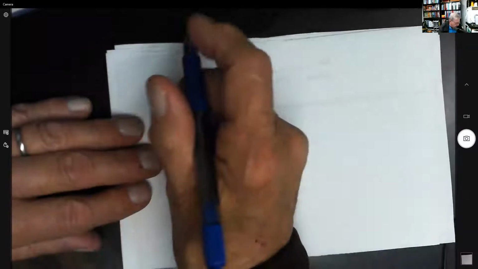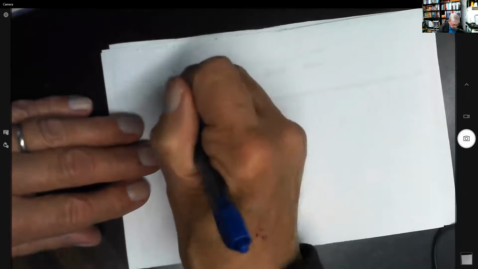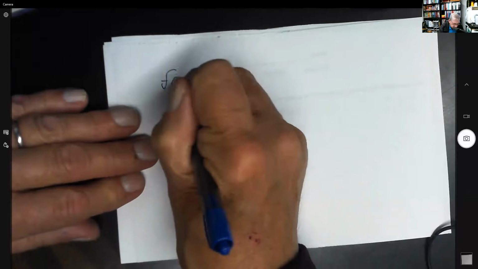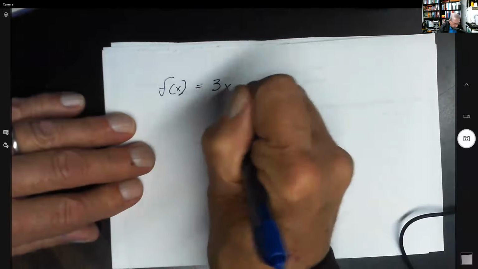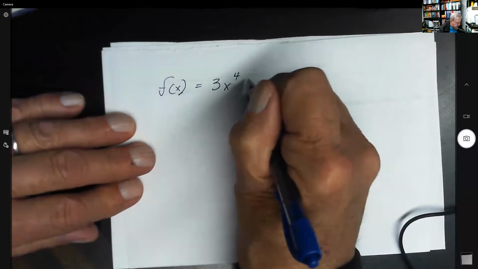So let's suppose you were coming home from school and you saw this piece of paper on the ground and you picked it up and it had this function. And it said, win $5 if you can solve this problem.